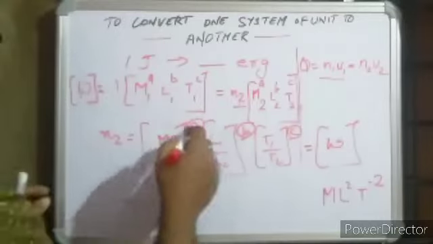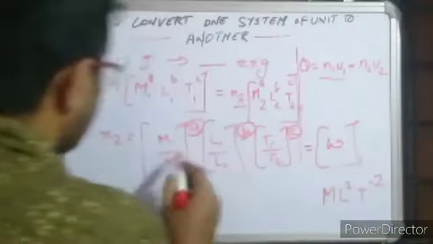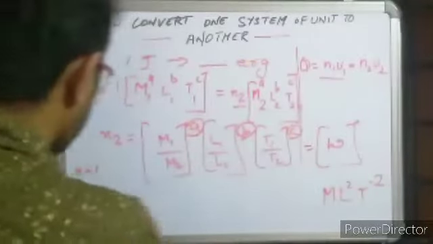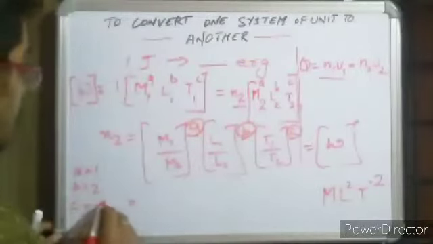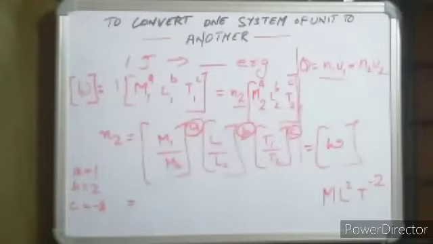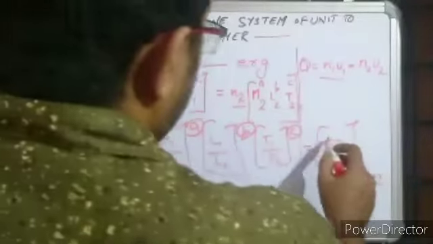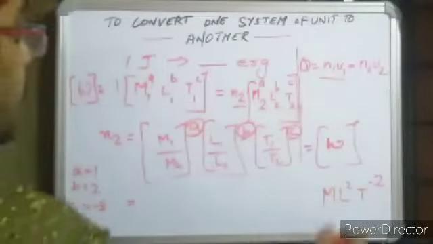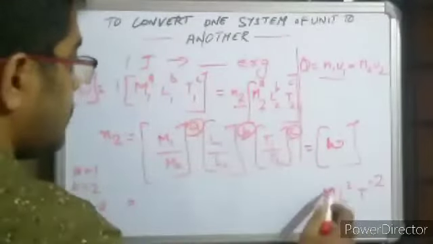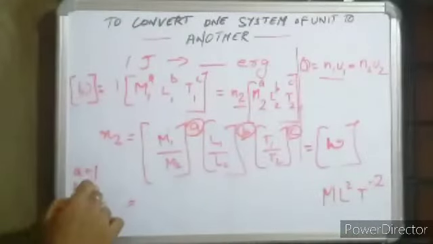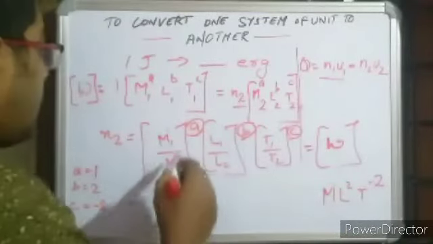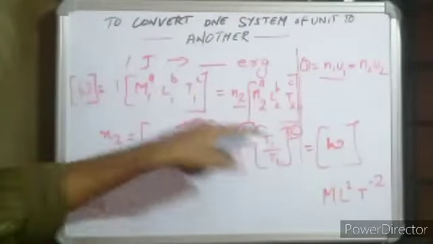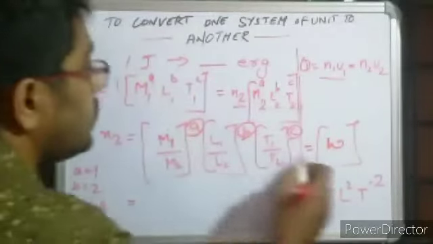So a is equal to 1, b is equal to 2, and c is equal to minus 2, by equating the powers. Now all the 1s are in the SI unit system and all the 2s are in the CGS unit system.